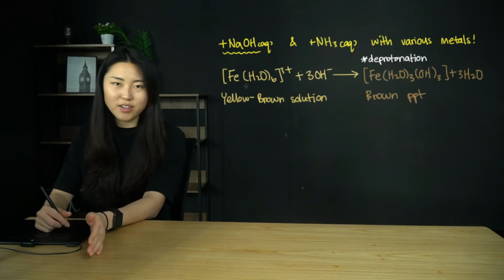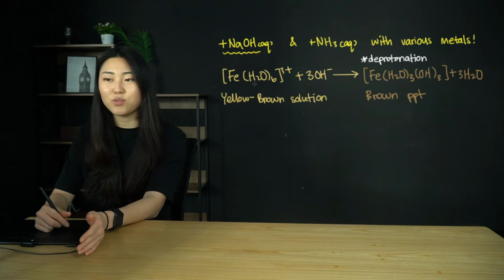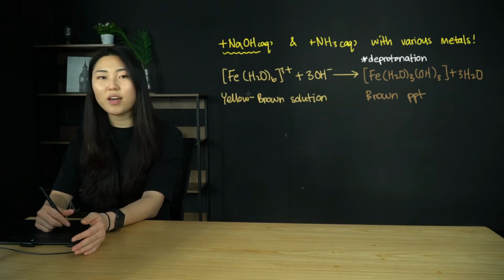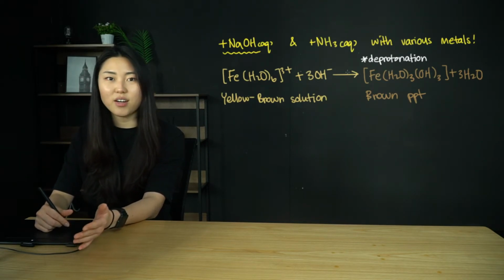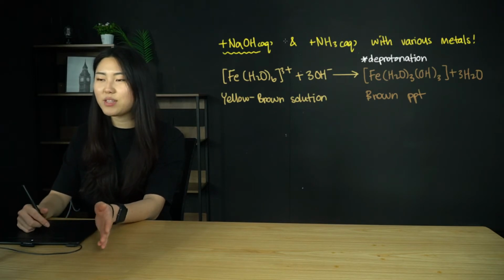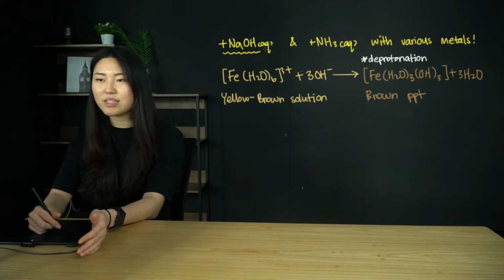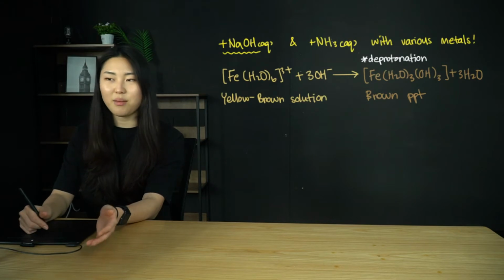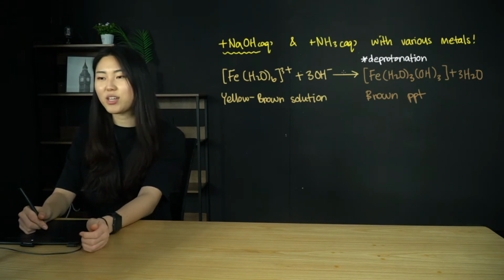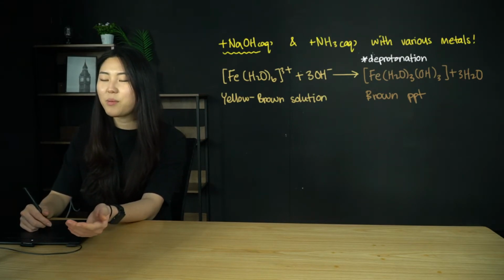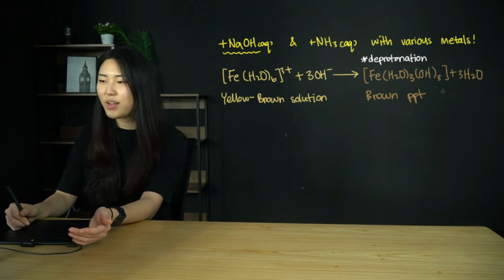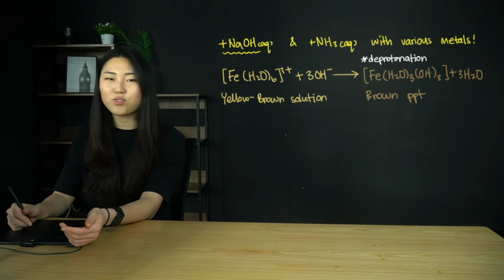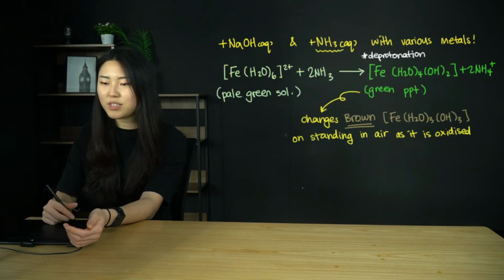So if we start with Fe3+ aqueous solutions, the solution is going to have a yellow-brown color. And when deprotonation occurs upon adding sodium hydroxide, or similarly ammonia solution, we'll look at the equation again a little bit later, we're going to get a brown precipitate, Fe with 3 water ligands and 3 hydroxide ligands, just like we saw over here.